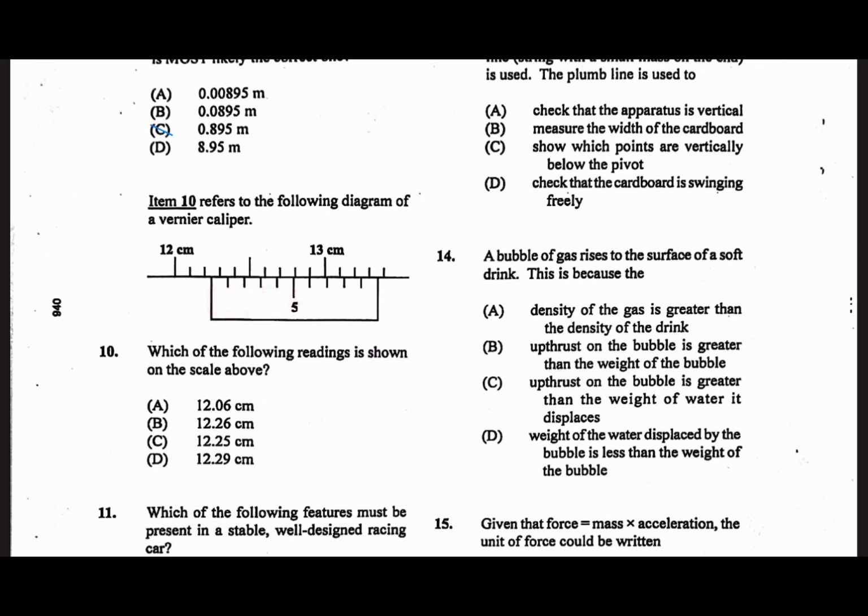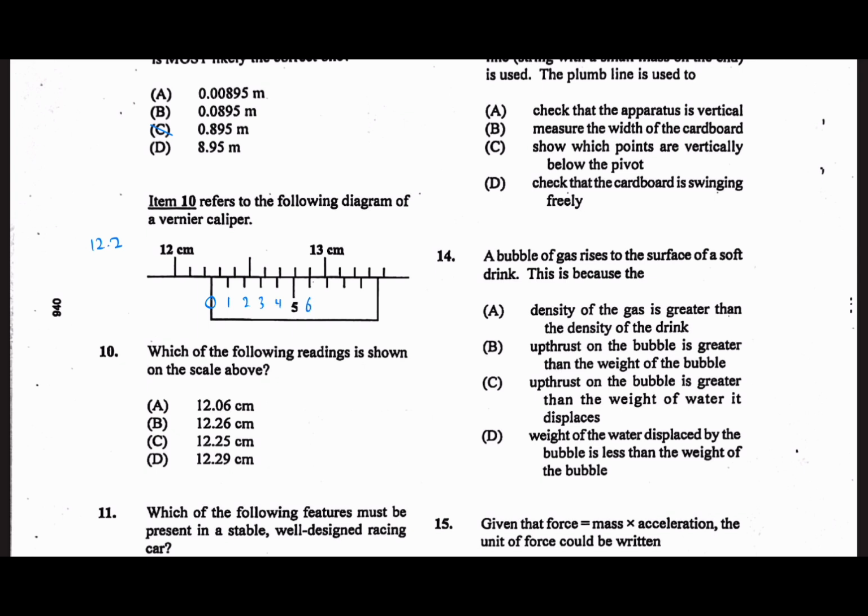When you're reading a vernier caliper, you look at the main scale first. The main scale stops at 12.2. To figure out the answer on the vernier scale, we read off at the bottom: 0, 1, 2, 3, 4, 5, 6.